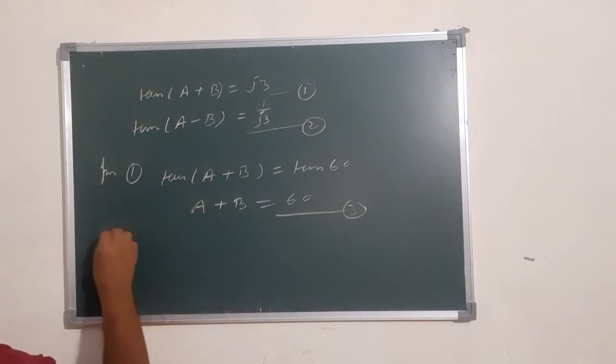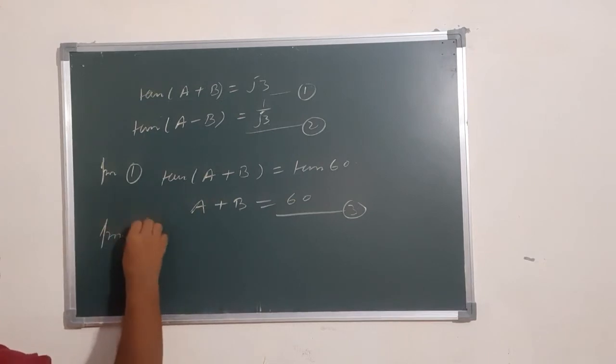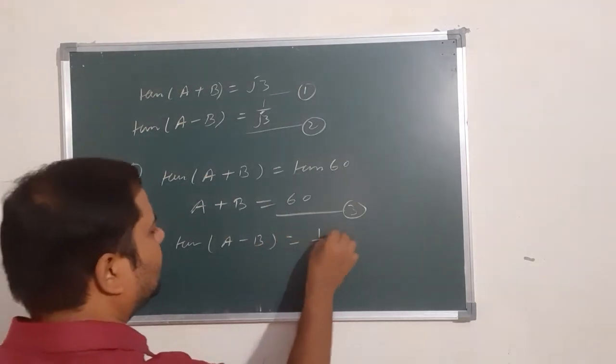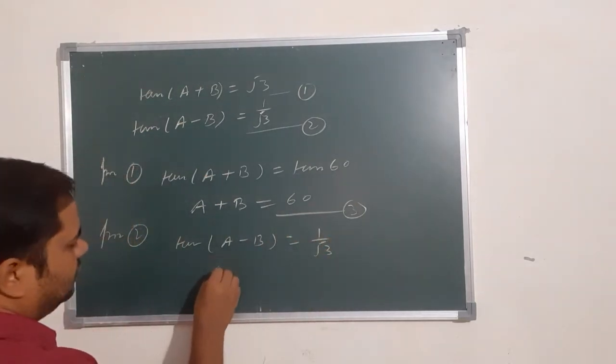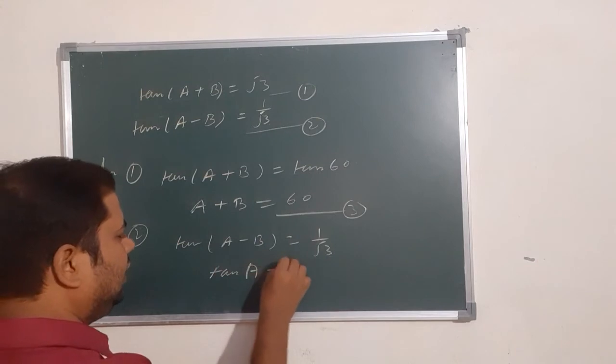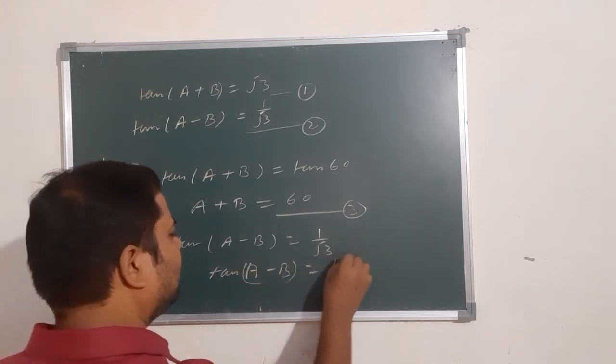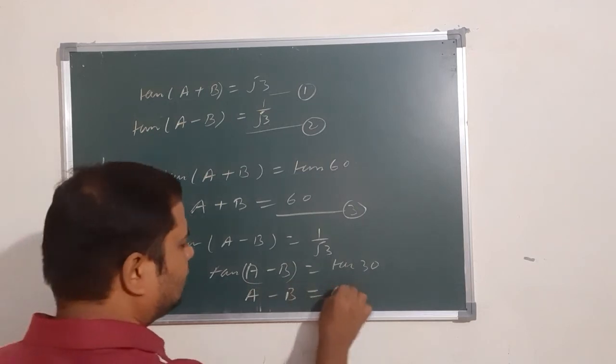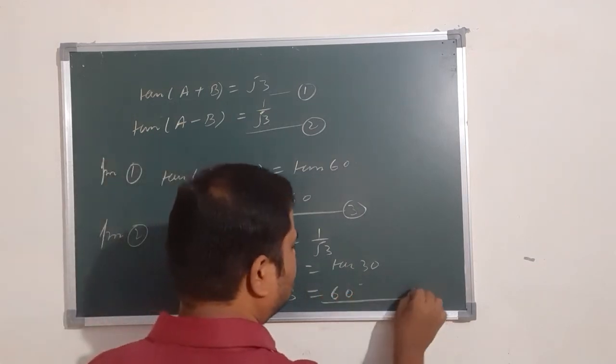Similarly, from equation 2, tan(A minus B) is 1 by root 3, which is tan 30 degrees, so A minus B is 30 degrees. This is equation number 4.